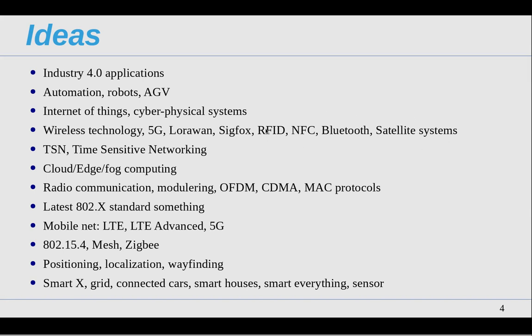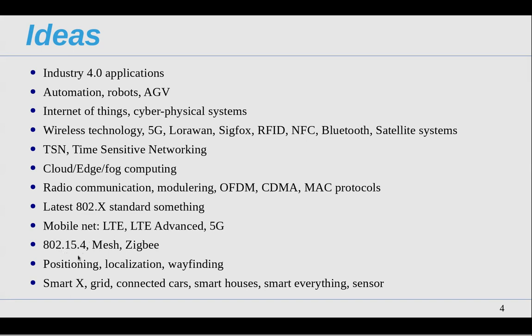Maybe take a look at some new things: time-sensitive networking, Ethernet, cloud, edge, fog computing, radio stuff, more detailed communication stuff, protocols. Latest standards, it can be Wi-Fi standards, whatever. Mobile networks, 5G, mesh networks.